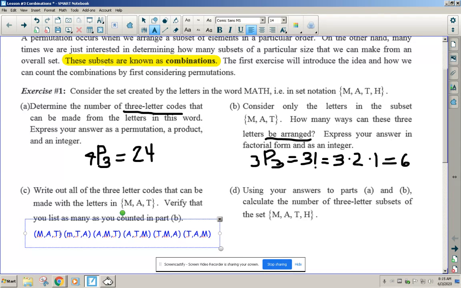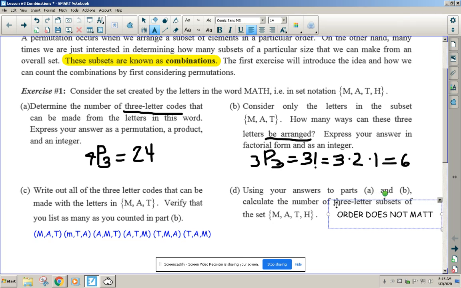So they say, using your answer to parts A and B, calculate the number of 3-letter subsets. Now, the minute they say a 3-letter subset, they're saying order now isn't going to matter.